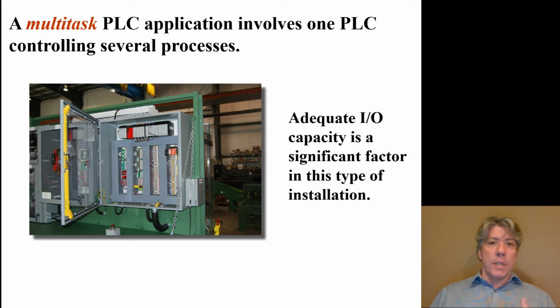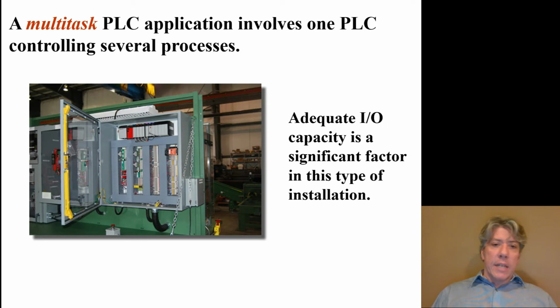A lot of times PLCs are fast enough and processes are slow enough. There's no point in wasting the processing power of a modern PLC on one menial task, right? It's better to use that PLC, slap on a couple more input-output modules, and let it take care of a bunch of machines at once and minimize cost.